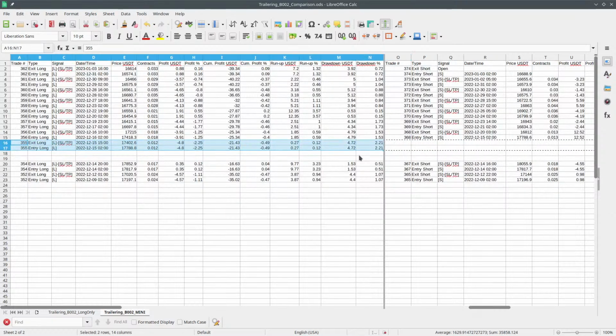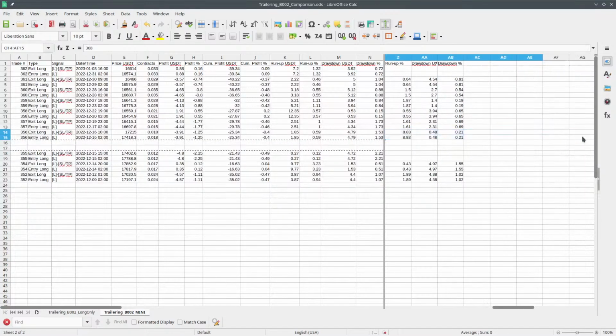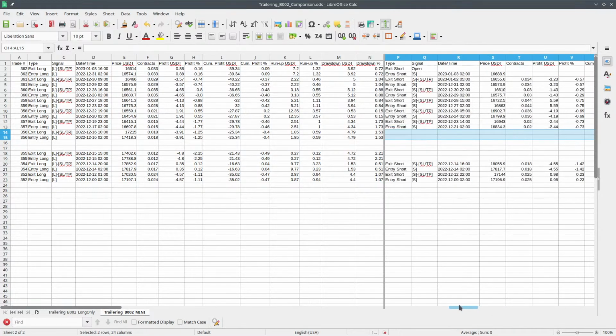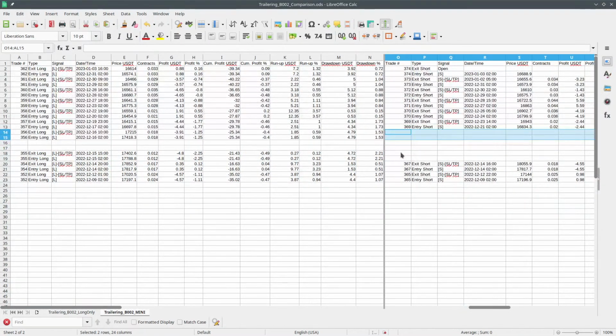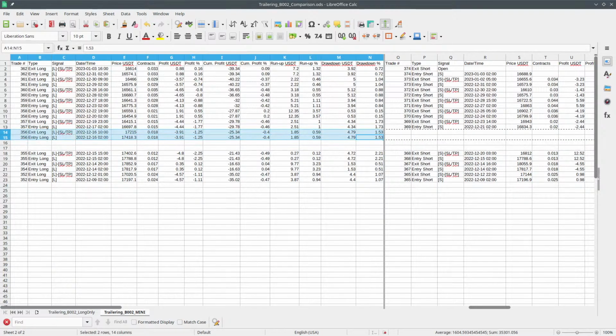So we can cut this 15 and put it here, and also cut this 15 here and put it here. So now we have both of them on 15. Okay, the next one is 16. But here we go into 21, so we do not need 16 here.